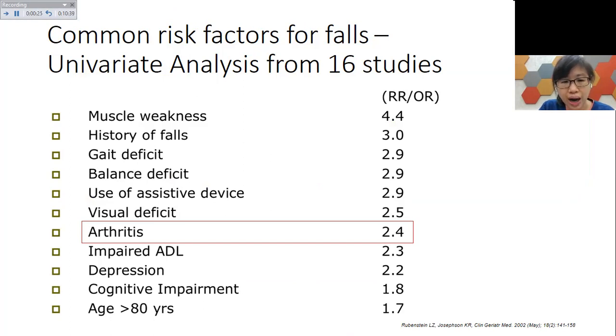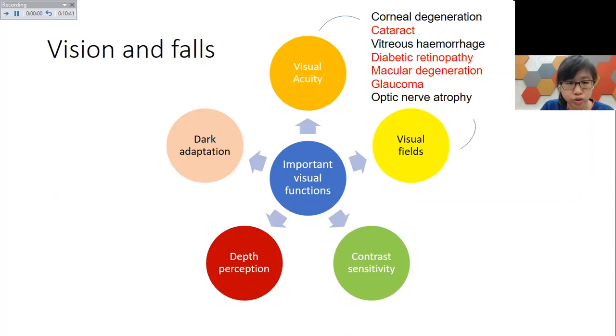Moving on to how vision causes falls. These are the important visual functions which, if compromised, increase the risk of falls, such as visual acuity and visual fields, that tend to be compromised in the following medical conditions: corneal degeneration, cataract, vitreous hemorrhage, diabetic retinopathy, macular degeneration, and glaucoma.